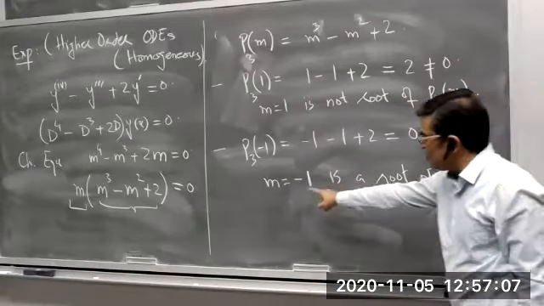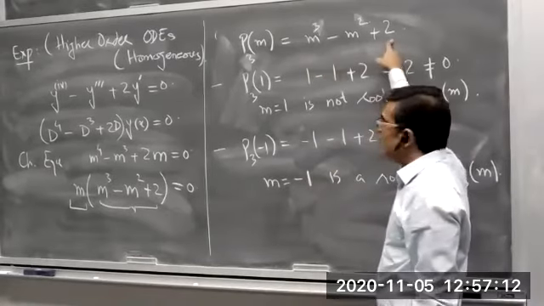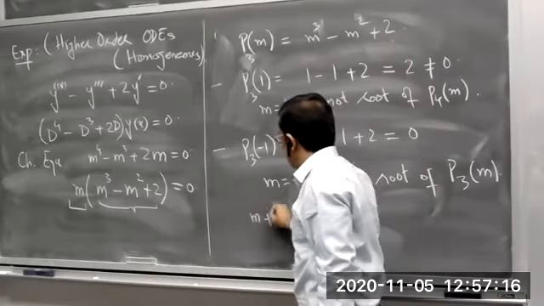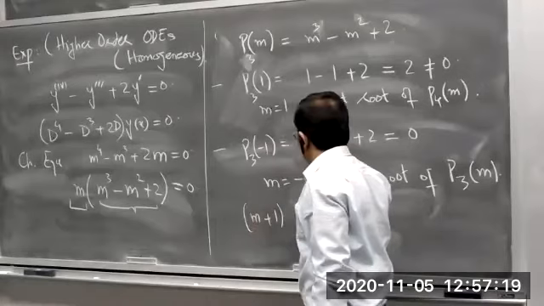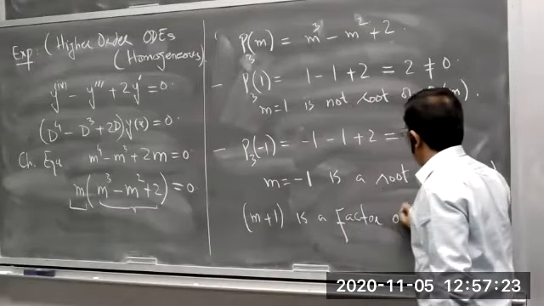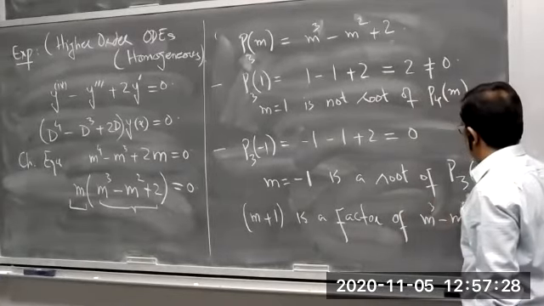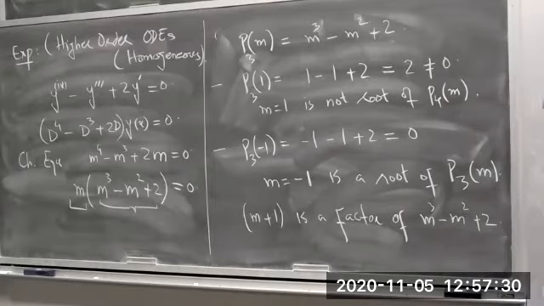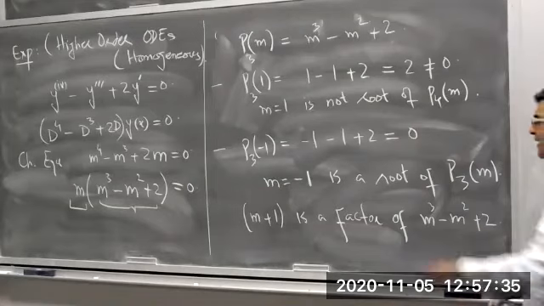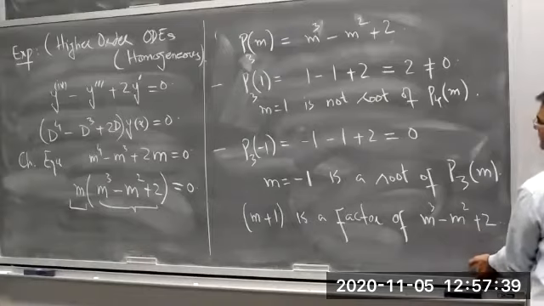If m is equal to minus 1 is the root of this polynomial, then m plus 1 is a factor of m cube minus m square plus 2. If m plus 1 is a factor of this polynomial, then this factor must divide this polynomial of degree 3.